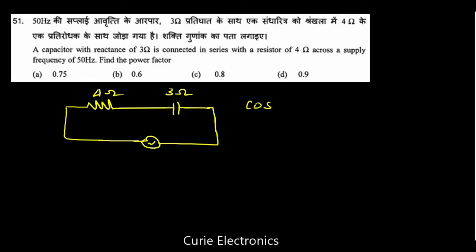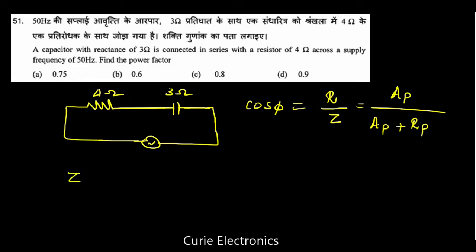Now we have to find the power factor. What is power factor? Cos phi equals R upon Z. Now to solve this we know R, but impedance we need. Impedance equals the square root of R square plus XC square.